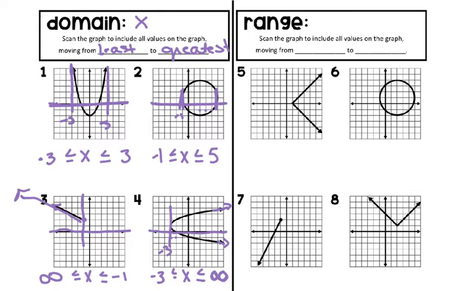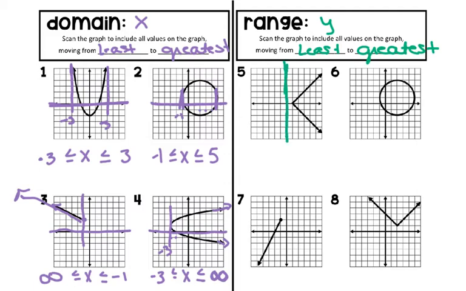Okay, let's take a look at the range. So the range is our y values. Still the same thing, least to greatest. But this time we're looking at the vertical line and where it would meet.